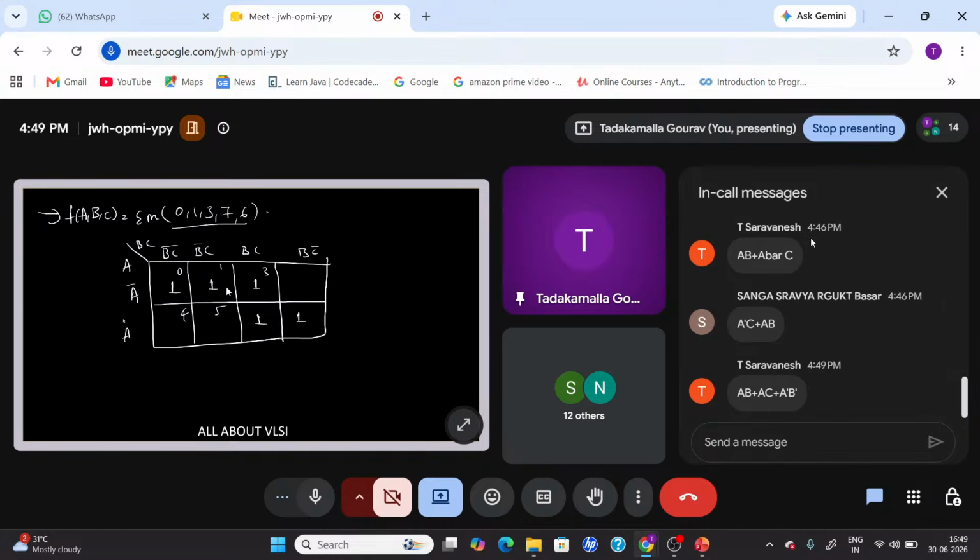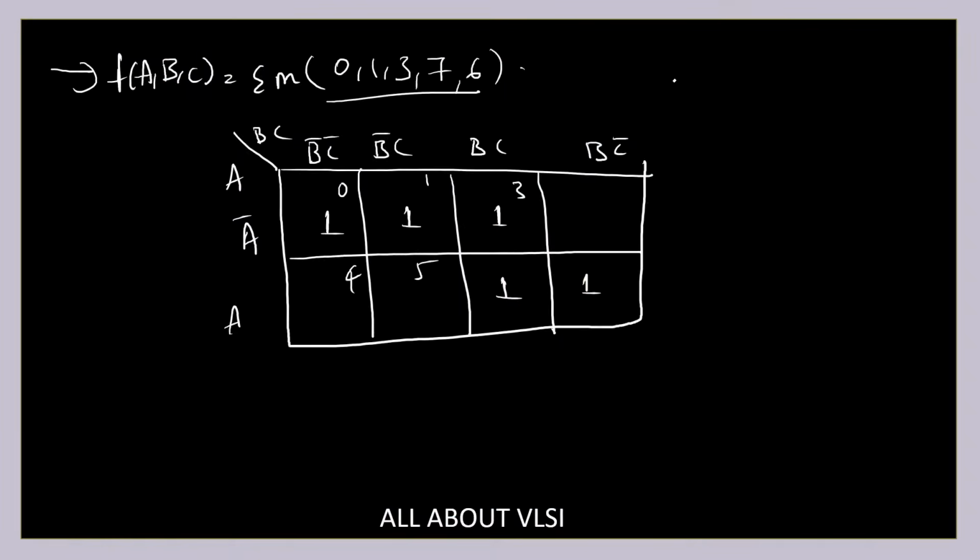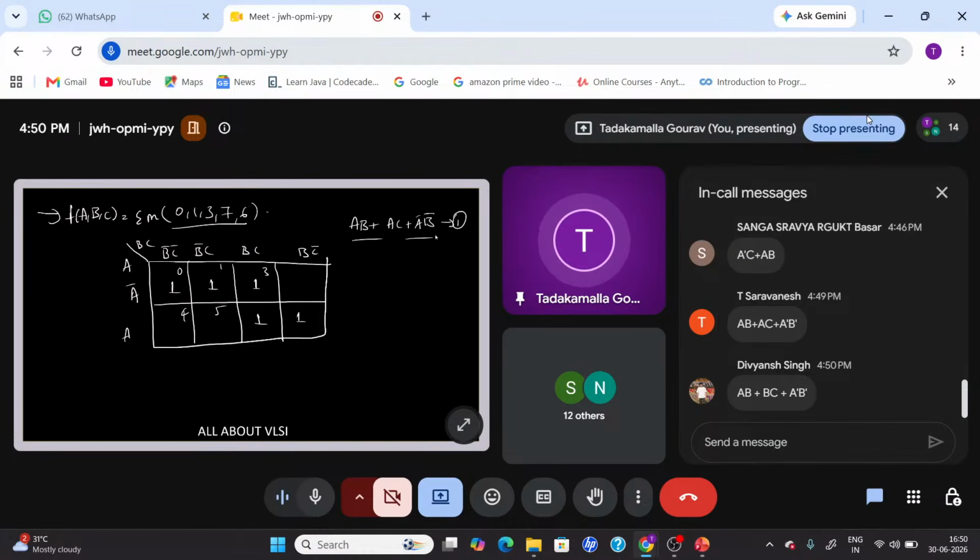AB plus A. Okay, great. I got one answer as AB plus AC plus A complement B complement. Any other answers, or is everyone getting the same answer? I don't need redundant prime implicants to be present inside my solution.